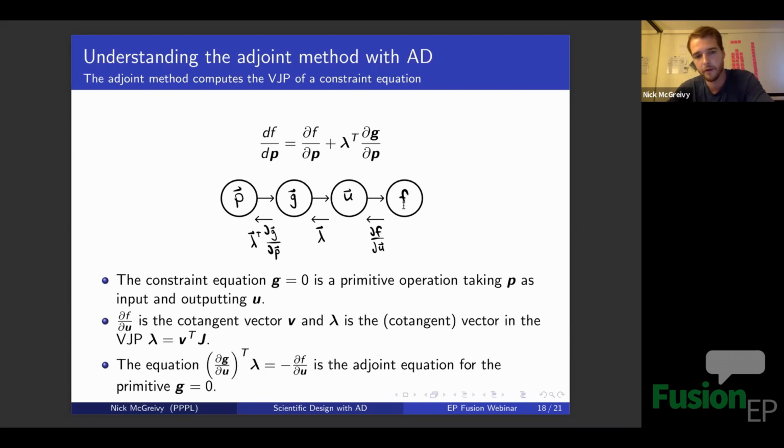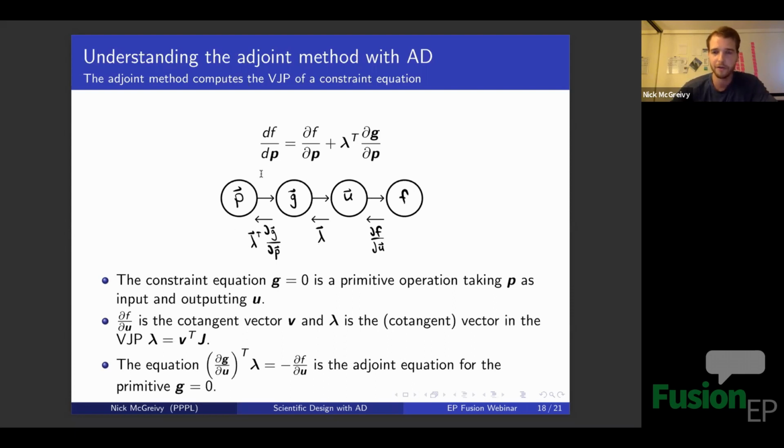And then you differentiate that whole thing by going backwards, starting at the end of your function and working your way towards the beginning. And so you're passing these vectors along, which are vector Jacobian products. df/du is a vector Jacobian product. Lambda, the adjoint vector, is a vector Jacobian product. And then this thing, lambda transpose dg/dp, is also a vector Jacobian product.